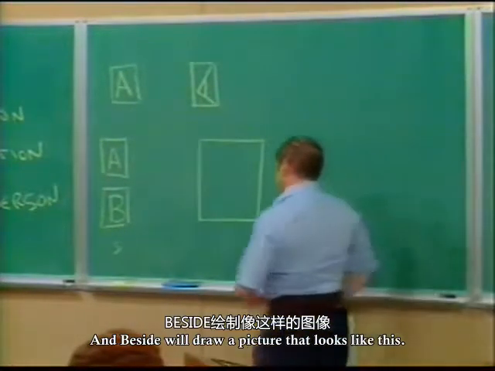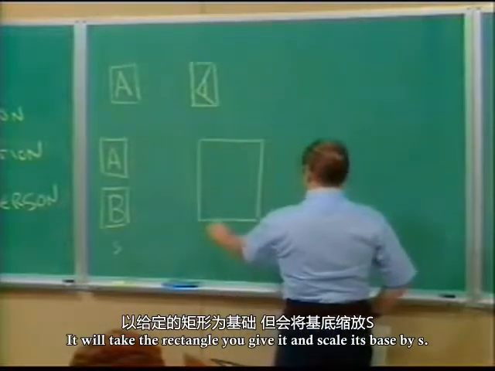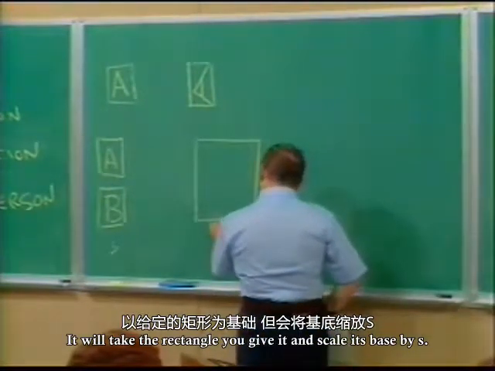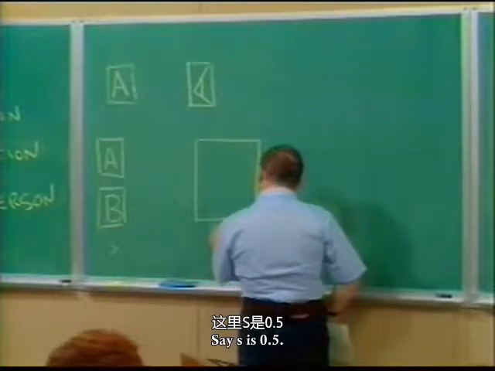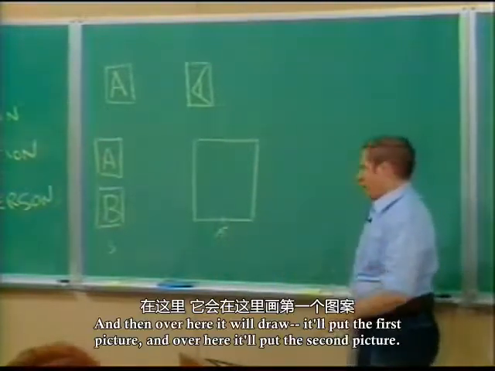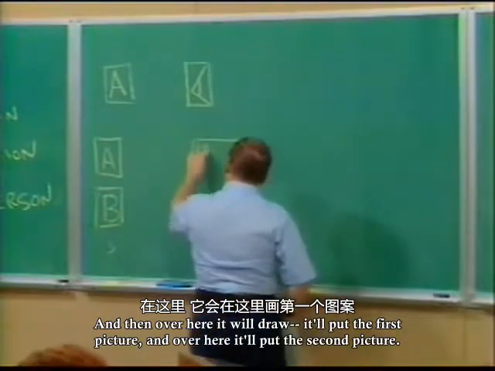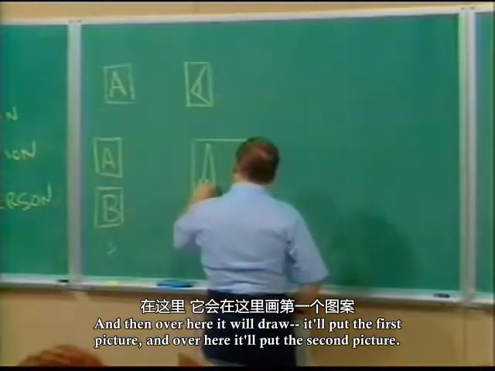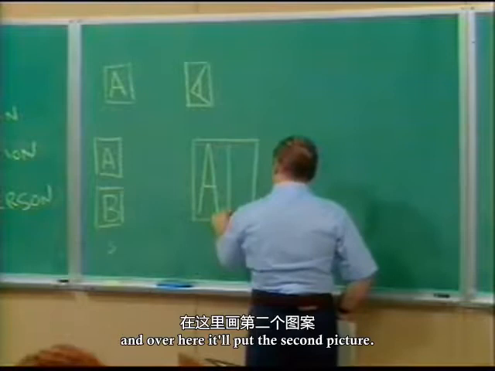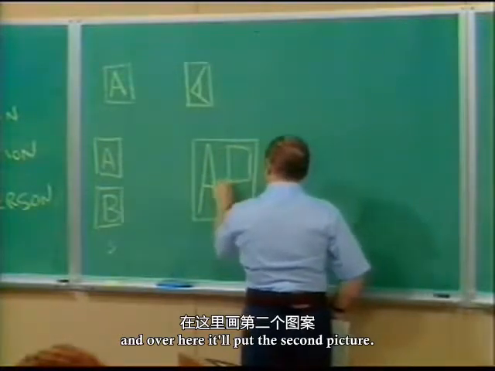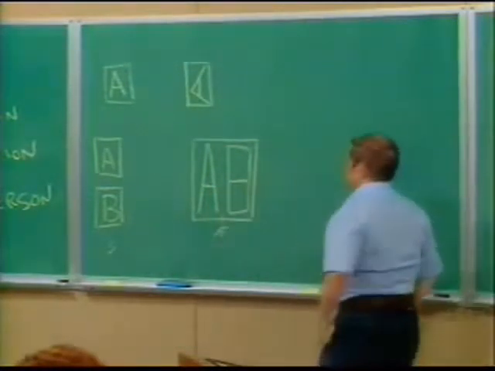And beside will draw a picture that looks like this. It'll take the rectangle you give it and scale its base by S. Say S is 0.5. And then over here it'll put the first picture, and over here it'll put the second picture.